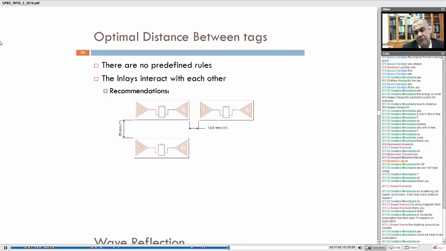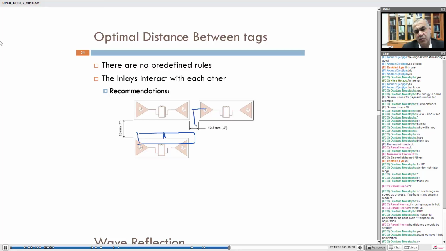Between tags, it's important to respect some minimum distance between the inlays. This is the inlay, and the white is the insert. The minimal distance when you have these tags is 12 millimeter. If you do not respect these conditions, you can have interference and a bad reading of the information in the chip.